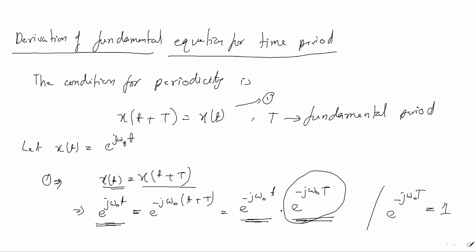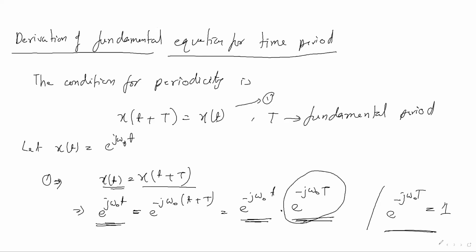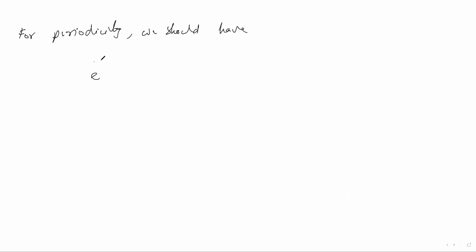So for periodicity, to derive the equation for a periodic signal, we should have e to the power minus j omega naught capital T equal to 1.